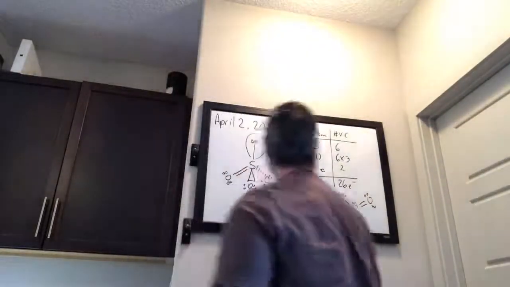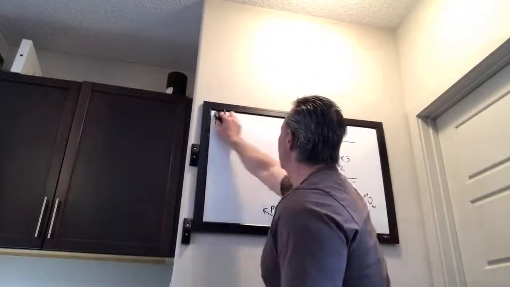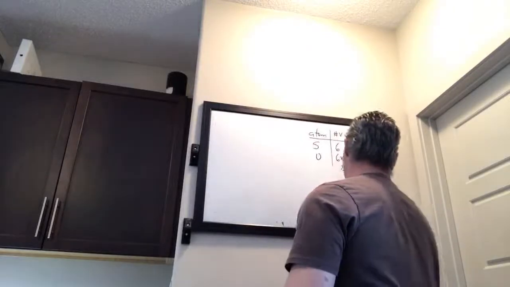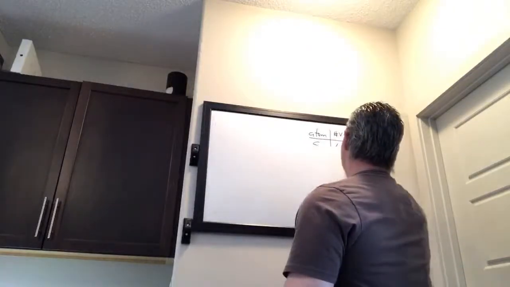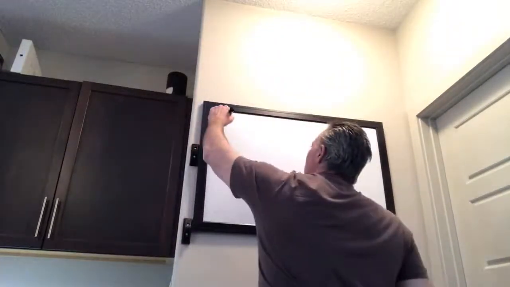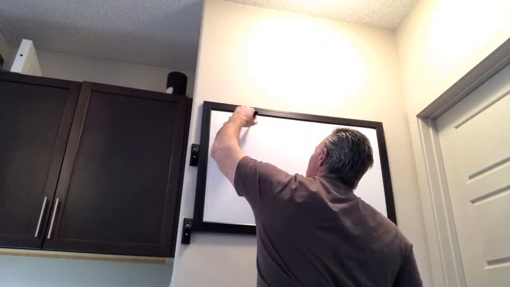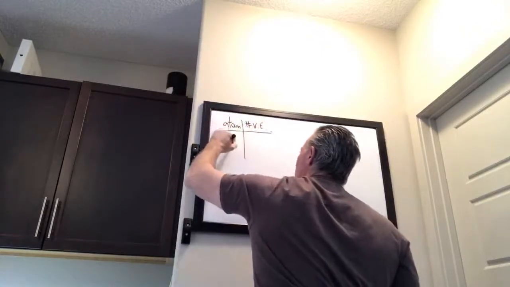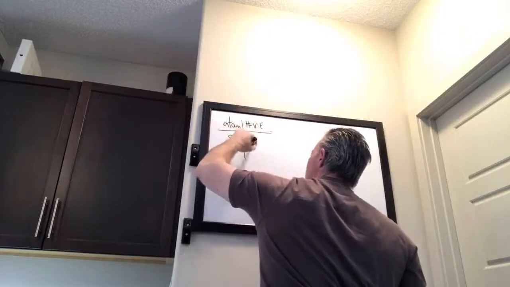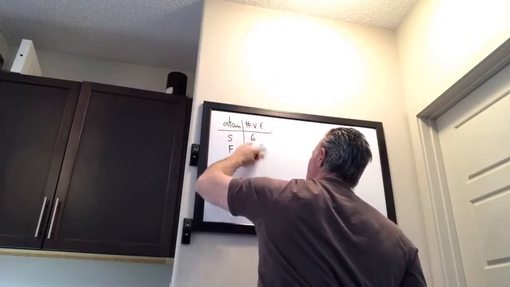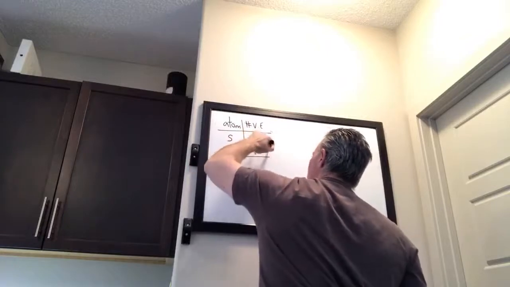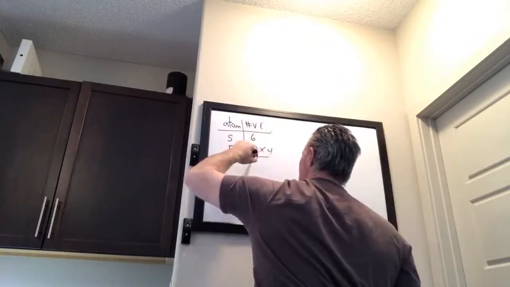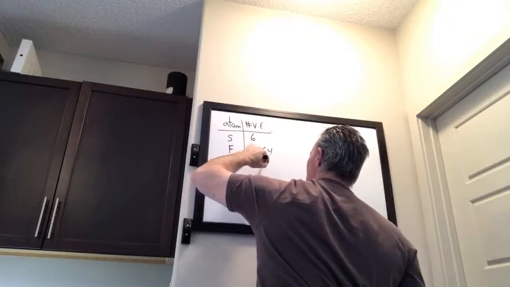Next is sulfur tetrafluoride. Sulfur has 6, fluorine has 7, and there's 4 fluorine, so it's 28 plus 6, or 34 electrons to be accounted for.